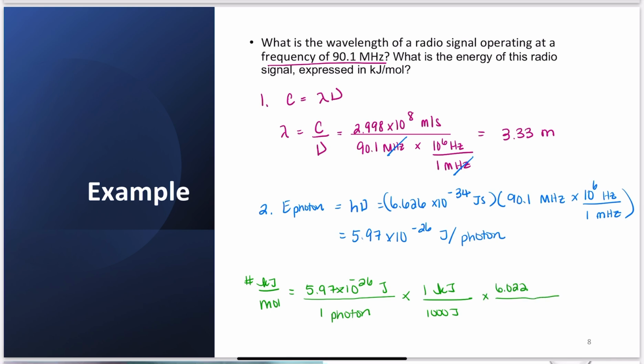I know that 6.022 times 10 to the 23rd photons is 1 mole of photons. I get 3.60 times 10 to the negative 5 kilojoules per mole. So my wavelength here, 3.3 meters, pretty long, and my energy, 3.6 times 10 to the negative 5 kilojoules per mole, also pretty low. Pretty long wavelength, which means a pretty low energy.